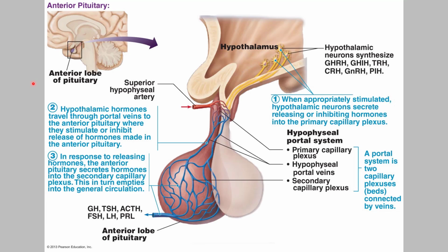Now, to see that same information but in a picture format, one of these clusters of neurons from the hypothalamus releases GHRH, growth hormone releasing hormone, by sending an action potential, and then the GHRH is released into this capillary bed. It's carried in the bloodstream through these portal veins to the anterior pituitary gland, which responds by releasing growth hormone, GH, into this capillary bed, which is carried off to have an effect on the body.